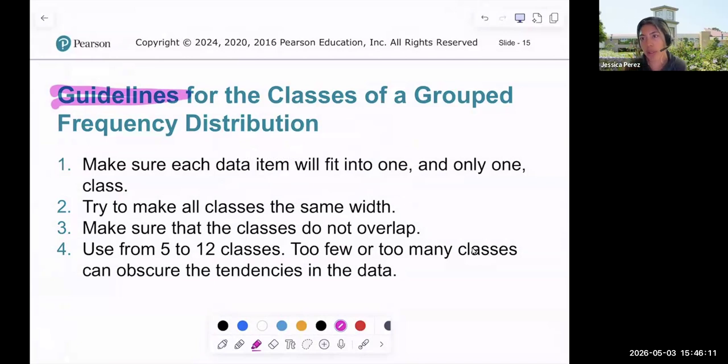The width has to be consistent. We also want to make sure that no classes overlap. I can't have 1 to 5 and then 5 to 10, because then you repeat the 5. It should only be in a single class. We can use anywhere from 5 to 12 classes. If it's less than 5, it might be too few, and if it's more than 12, it might be too many. So we want to stay within some boundary number of classes.